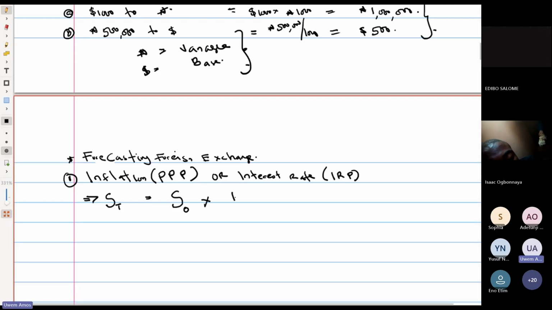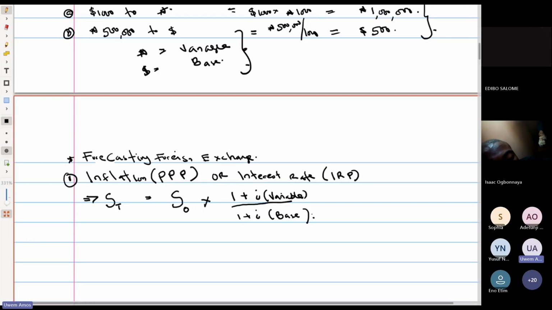by 1 plus I. Now, I can be inflation if you are using inflation, and I can be interest rate if you are using interest rate. So the inflation rate of the variable currency divided by 1 plus I of the base.